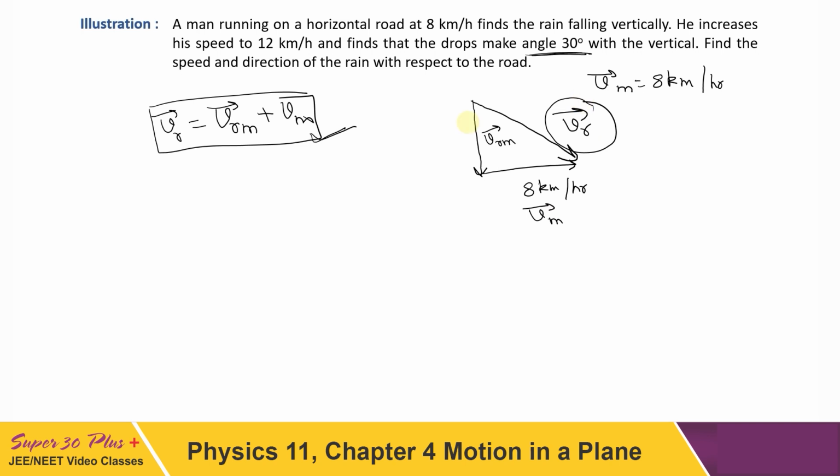What does it mean? That in the same vector diagram we can draw that other situation also. So the velocity of man remains the same in direction, only the speed changes, that is now equal to 12 km/h. One confusion is here. I have to increase the velocity of man from 8 km/h to 12 km/h. So should it be done in this direction or in this direction?